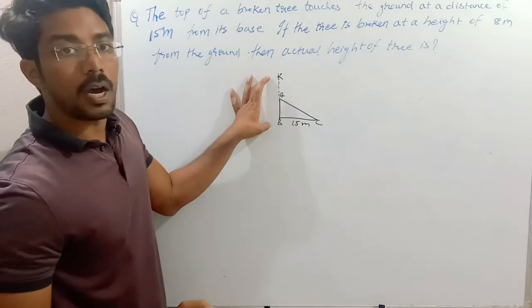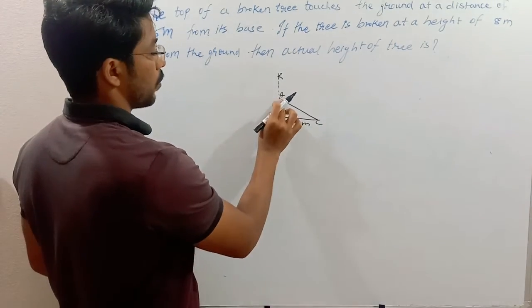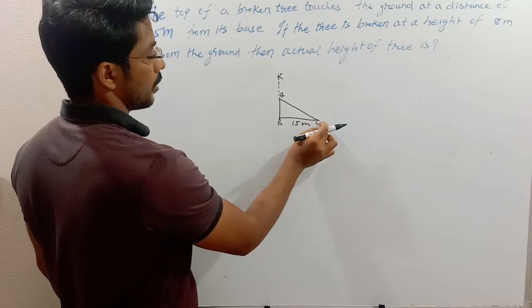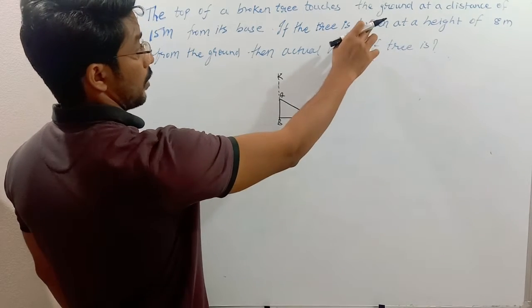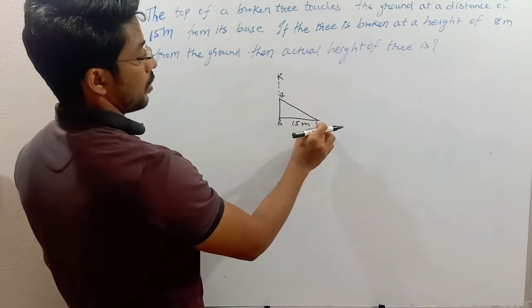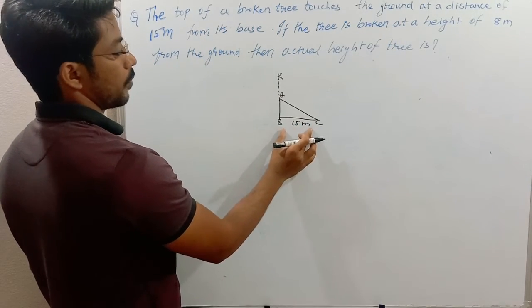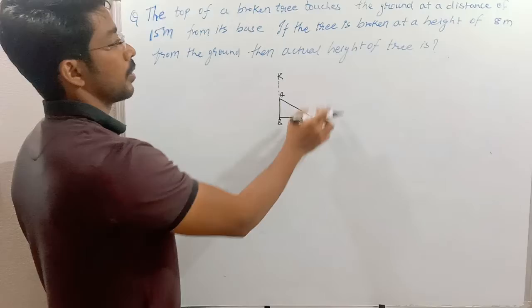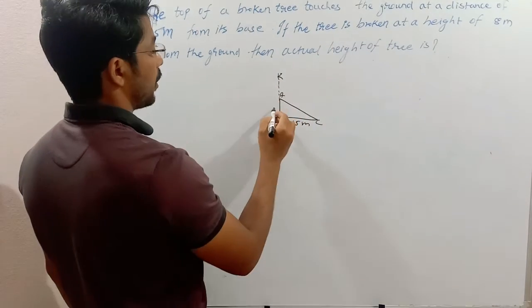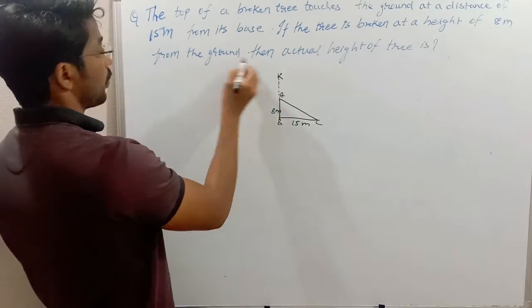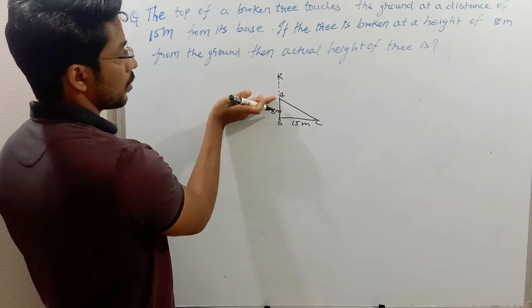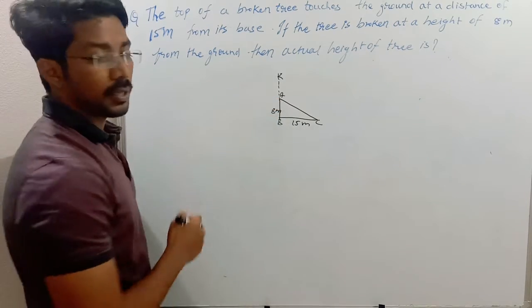KB is the actual height of the tree, but it is broken at the point A, and the tree touches the ground at a distance of 15 meters from its base. Then the tree is broken at a height of 8 meters from the ground.